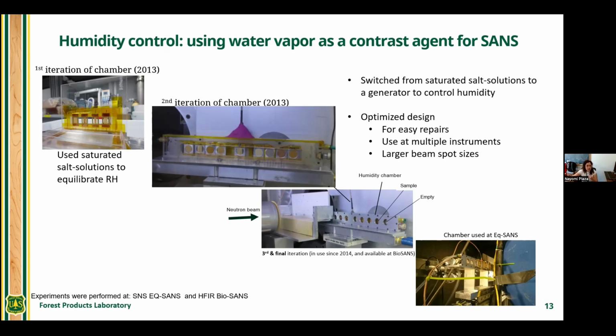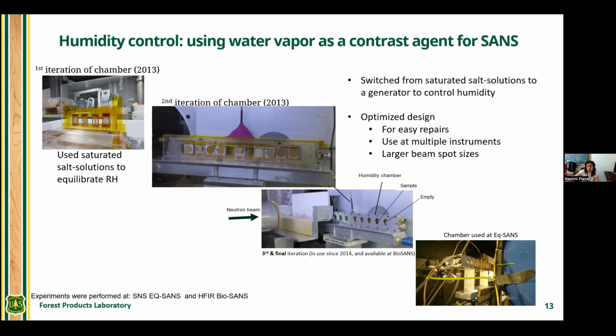In our first iterations of our sample and humidity control setups, we started by using saturated salt solutions to equilibrate the humidity. And that worked really well in terms of how quickly it equilibrated. It involved a lot of offline experiments to make sure that the samples were being equilibrated quickly enough and that we understood when we should be doing measurements, since the neutron scattering measurements would be fairly long in comparison.